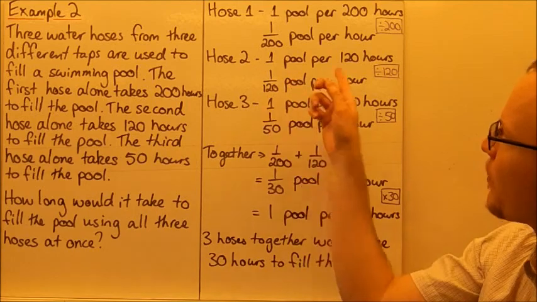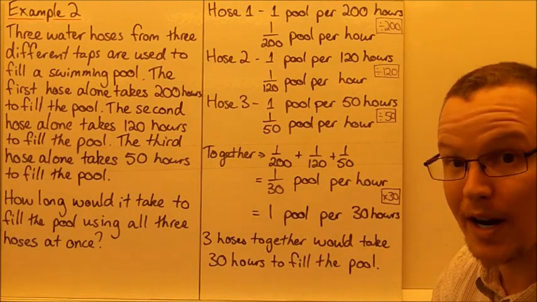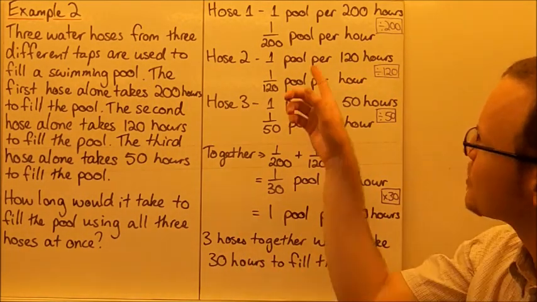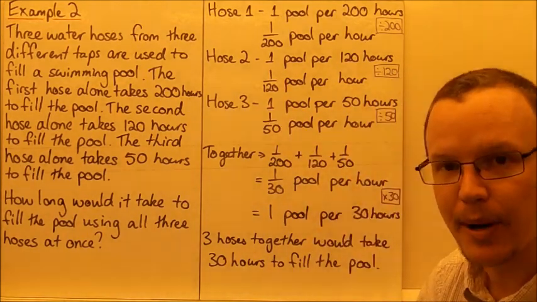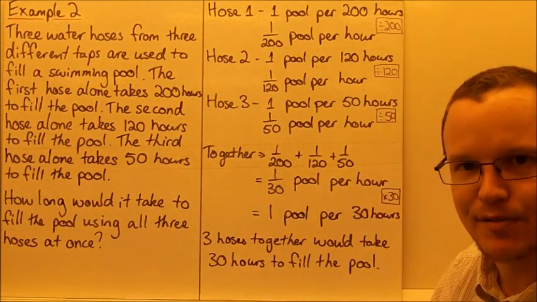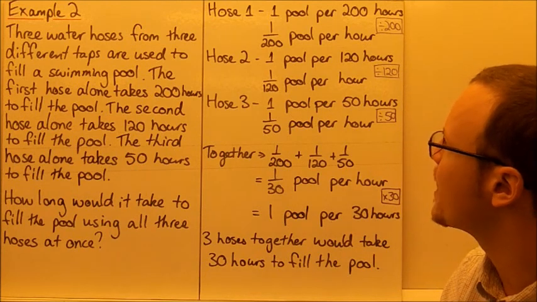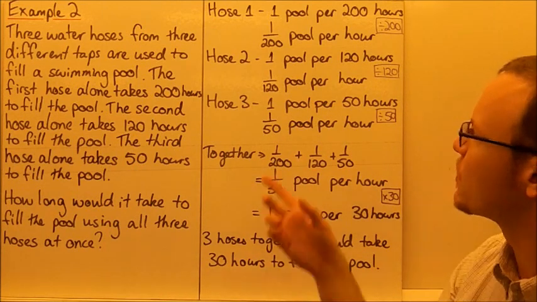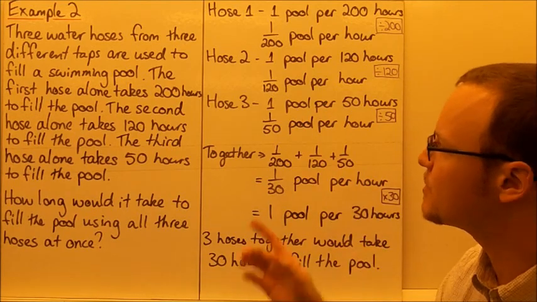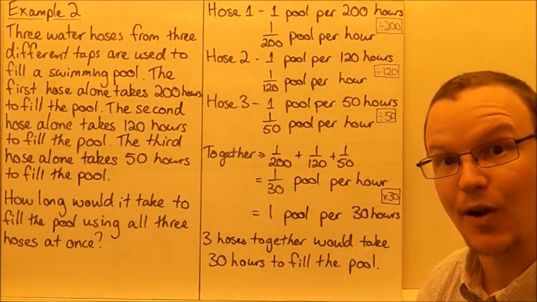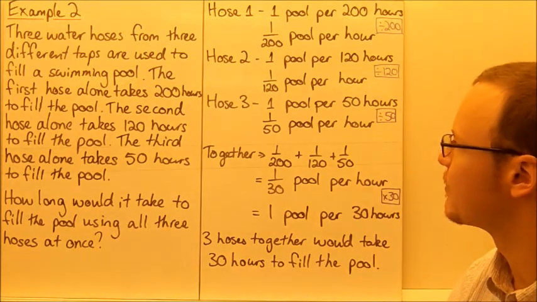I do the same with hose 2, 1 pool per 120 hours. If we divide both of them by 120, we get the rate per hour. 1/120th of the pool is filled in 1 hour. And the last one, we've got one pool per 50 hours. Dividing both of them by 50, we see hose 3 fills at 1/50th of the pool every hour.